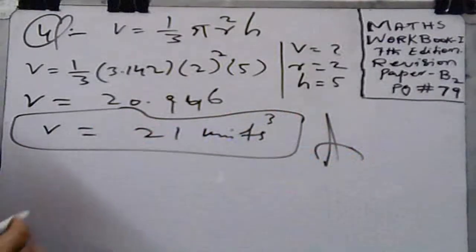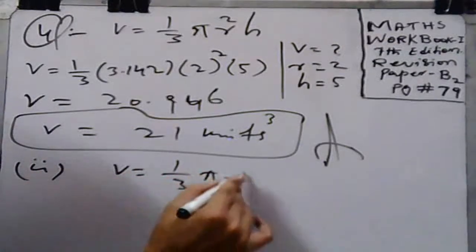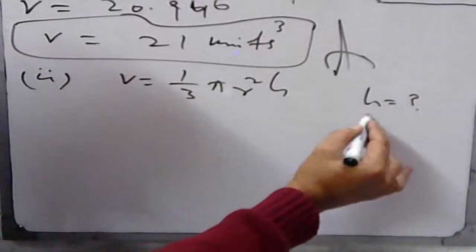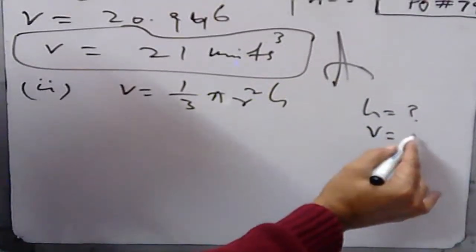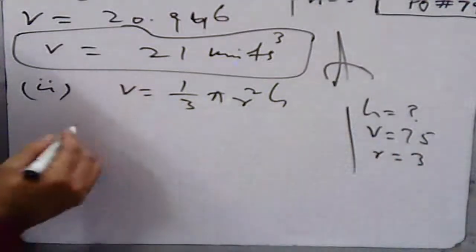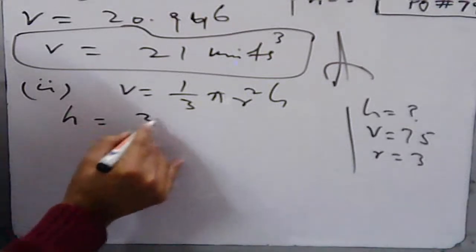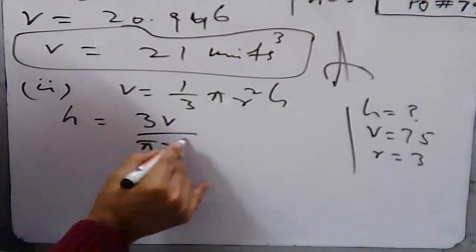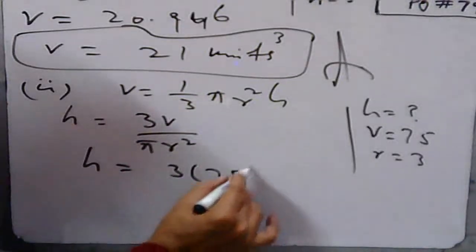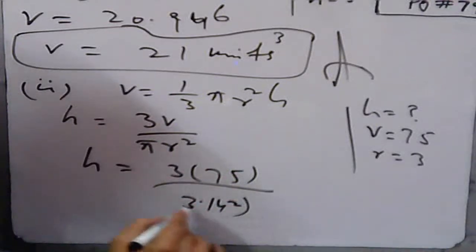Similarly, in the second part we use the same formula, that is 1 by 3 pi r square h. We have to find the h value if the value of volume is 75 and the value of r is 3. Putting the values here, we need the value of h. h can be written as 3v by cross multiplication pi r square, so we have to find 3v, the value of v is 75, pi value is 3.1415, and r is 3 having square.